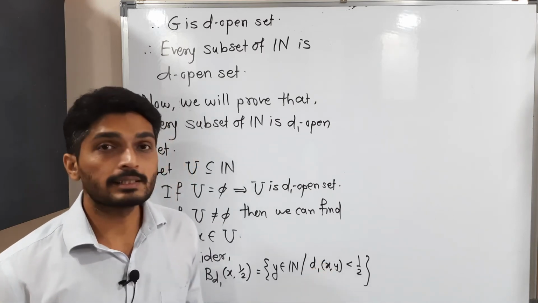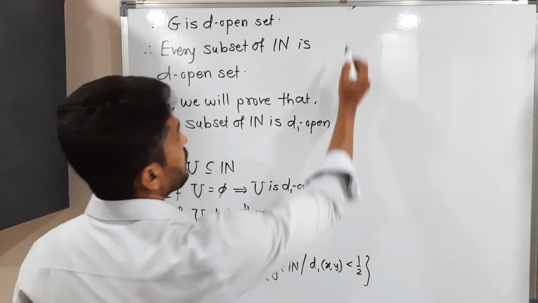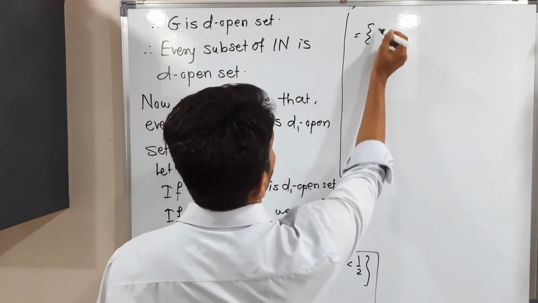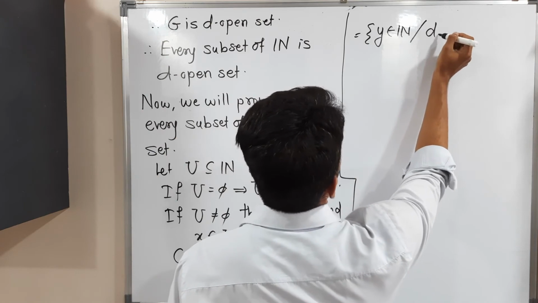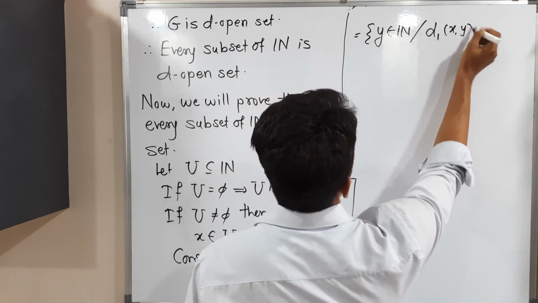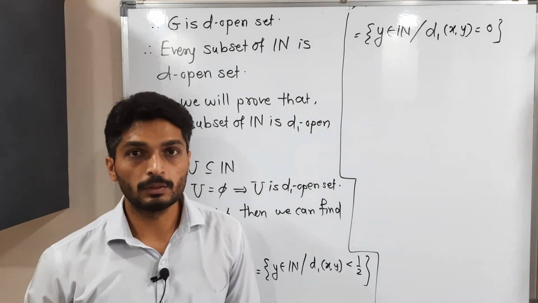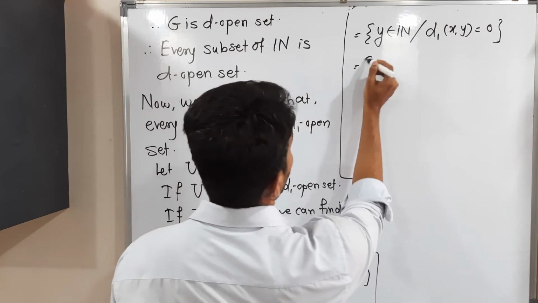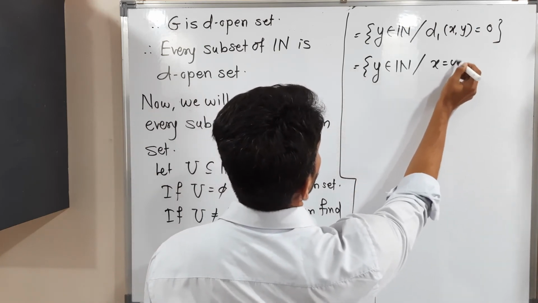So distance less than half means 100% the distance is 0. So this is equal to y belongs to N such that D1 of x, y is 0. Distance is 0, that means the points should be the same, so y belongs to N such that x is equal to y.